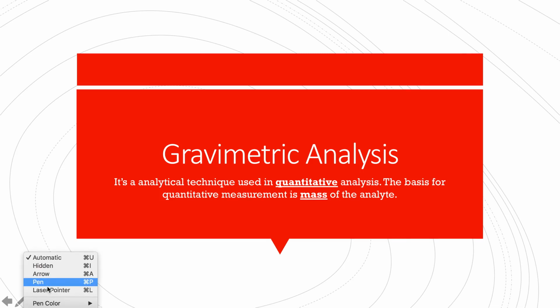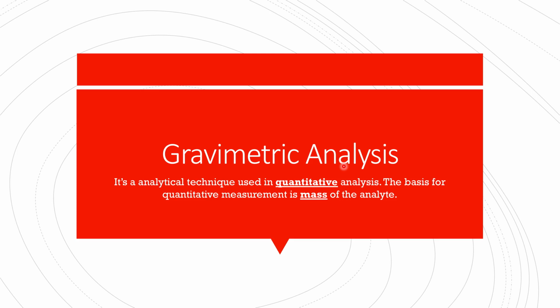Good morning, everyone. Today we will be discussing the last topic in this module of analytical chemistry, dealing with gravimetric analysis. So far in this module, we have been looking only into qualitative analysis and the connected terminology.